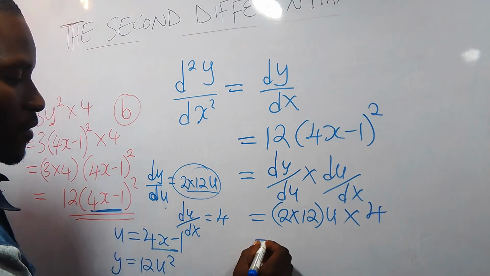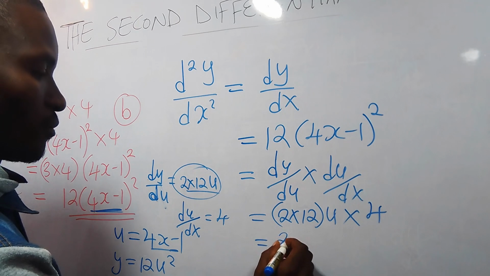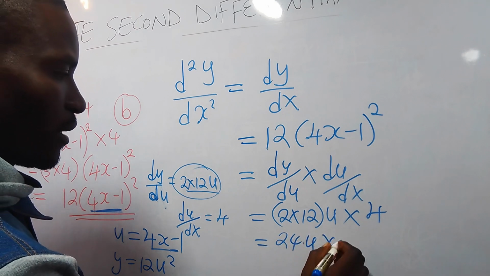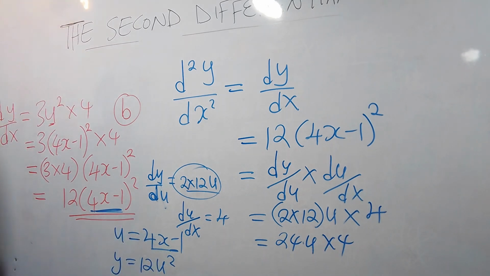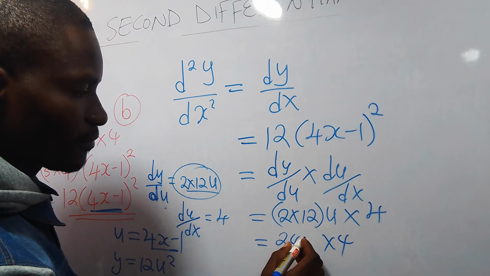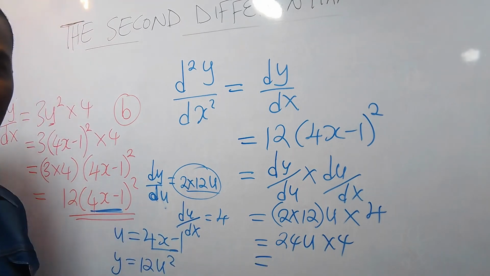So this is going to be 24u multiplied by 4.